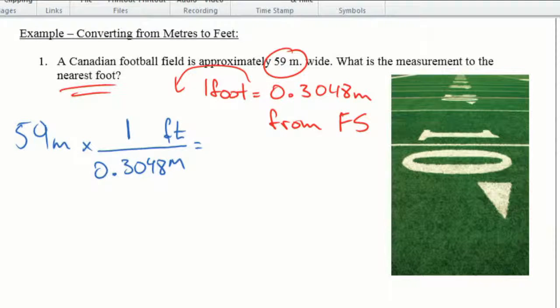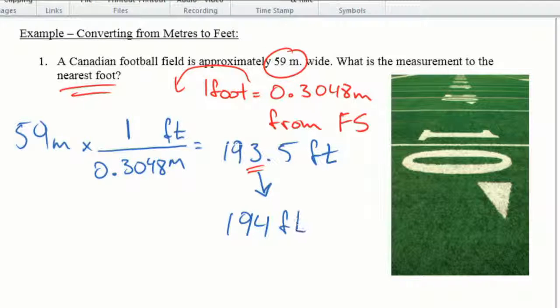The question asks to the nearest foot, so that's just a whole foot value. So if I ended up with 193.56 feet, it's asking for the nearest foot. I'm going to just round to the ones column here, and I'm going to end up with 194 feet wide.